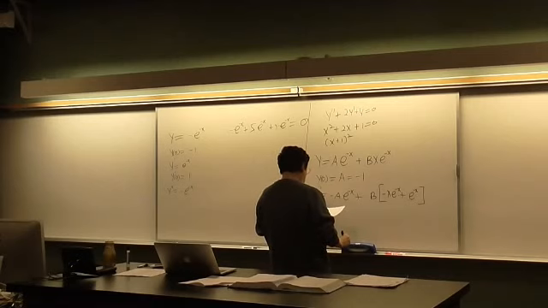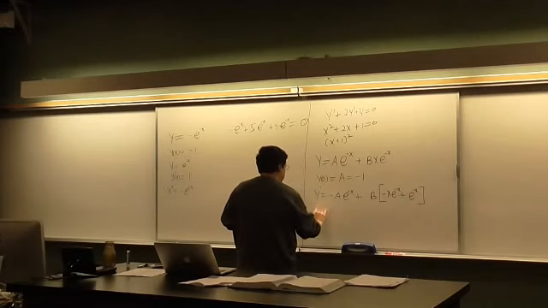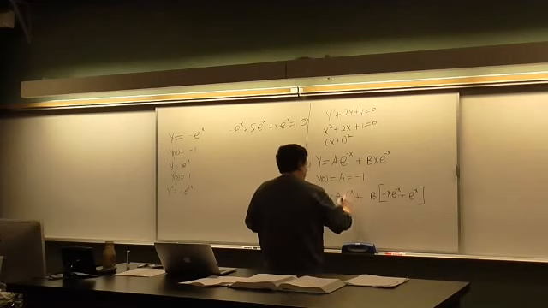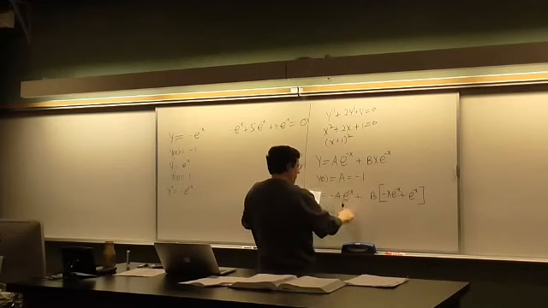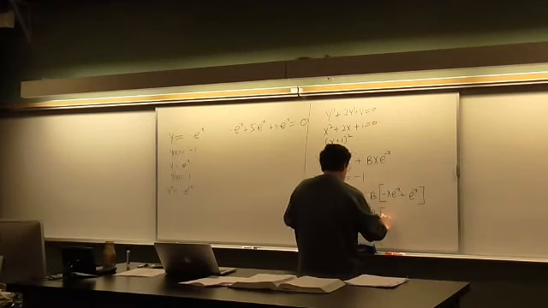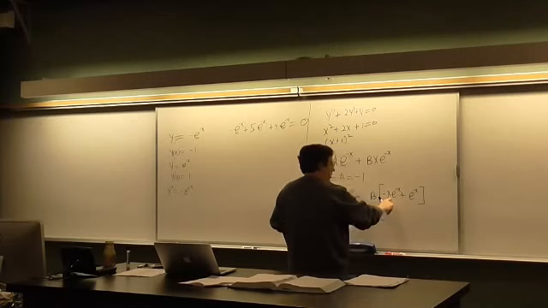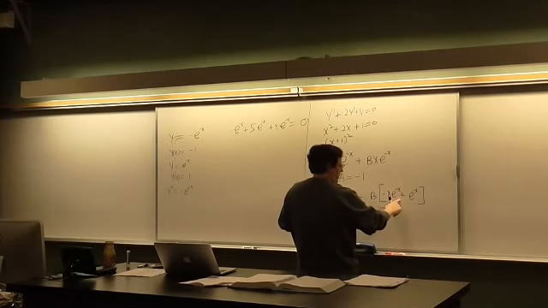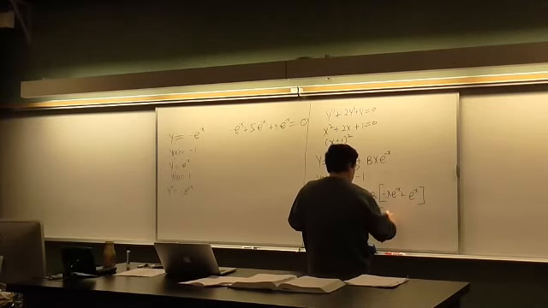And that's supposed to equal, at 0, well, we know a is minus 1, so we can plug that in. And at 0, this becomes 1. Plus b, okay, this goes away at 0. So this is just 1.